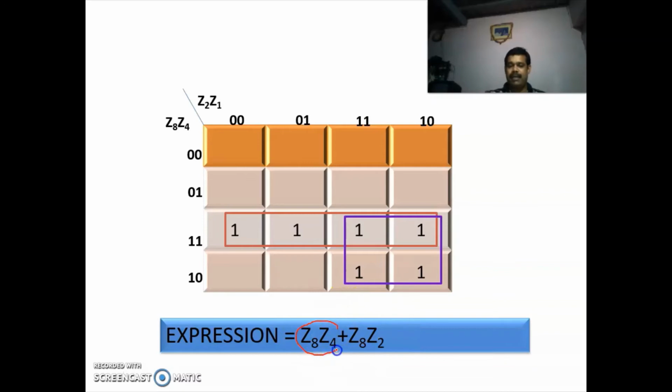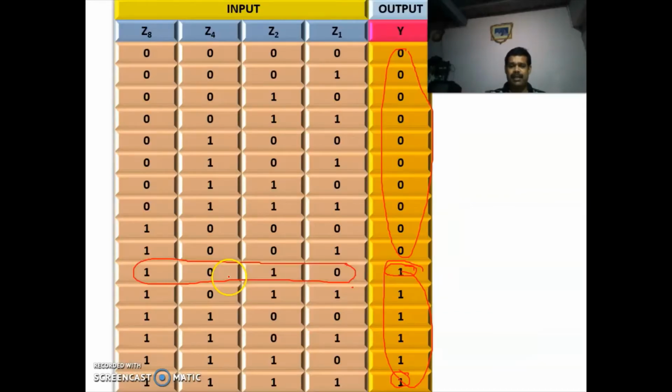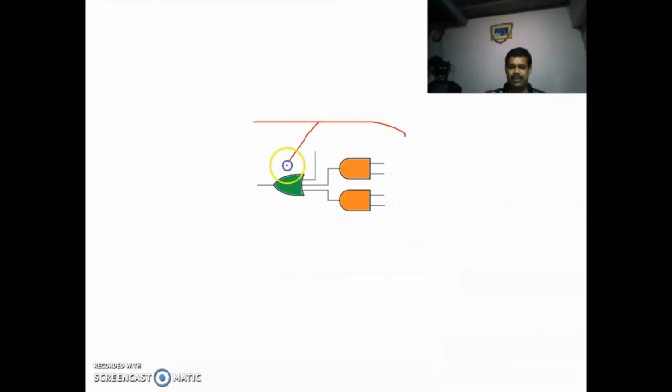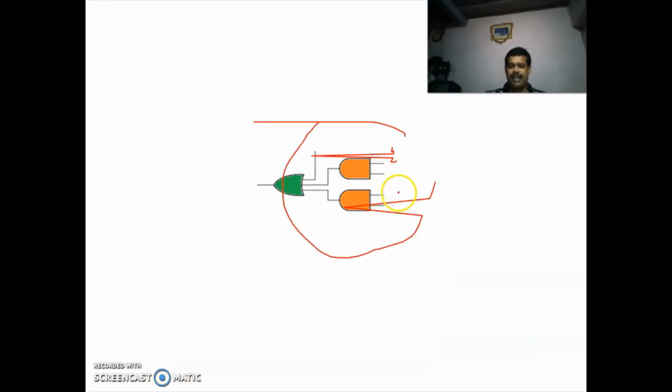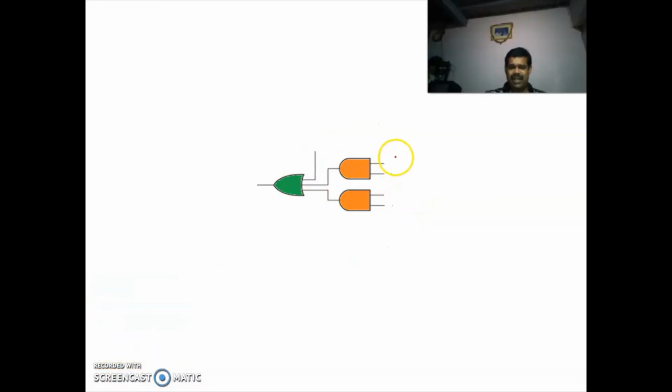This can be implemented using an AND gate, and this can be implemented by an AND gate. Both outputs of these AND gates we have to give to an OR gate. So this is nothing but this circuit: Z8 Z4, and Z8 Z2.